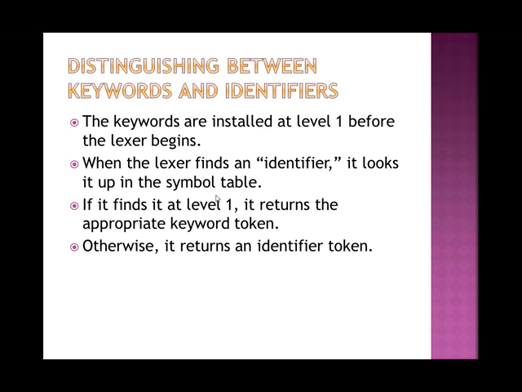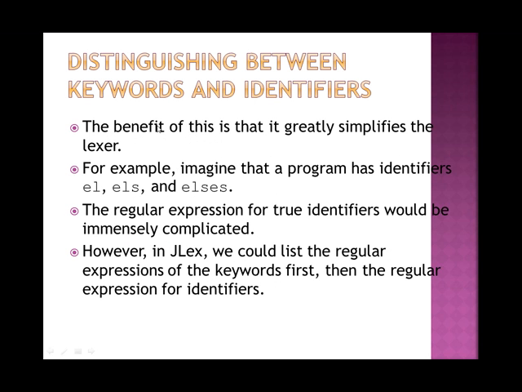So what is the difference? Keywords are specific words that are available at every point, and identifiers are the variables or names that are used in the symbol tables. The benefit of this is that it greatly simplifies the lexer.